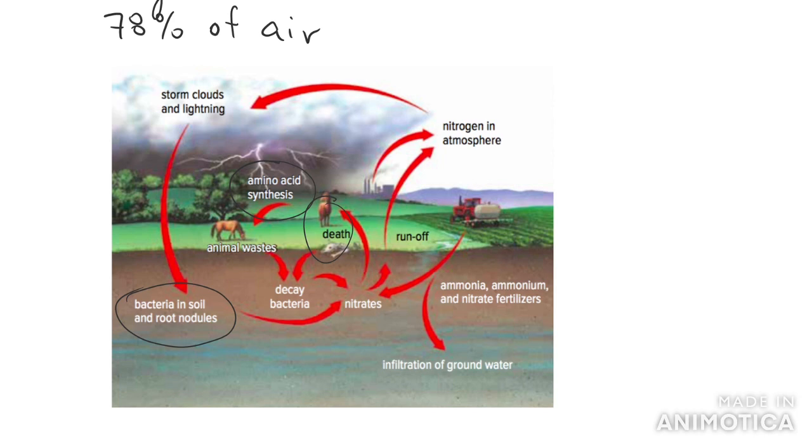So we have an excess of nitrogen, which sometimes through runoff, which means the water running from the field into another water source or into the groundwater, will actually contaminate the surrounding area with excess of nitrogen. What happens is when it gets into waterways, you can actually have an overgrowth of algae, which is called an algal bloom.